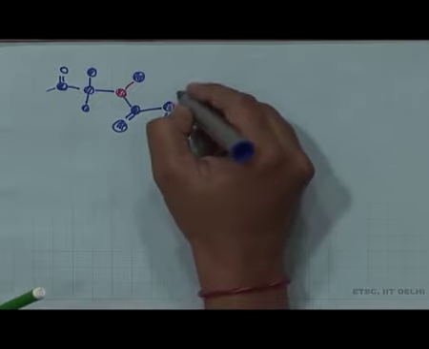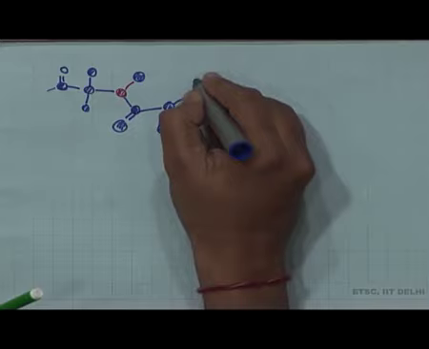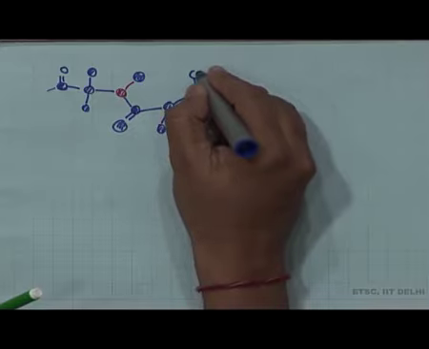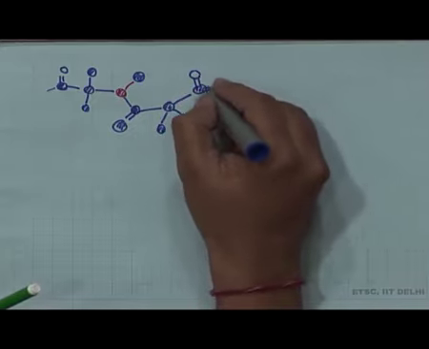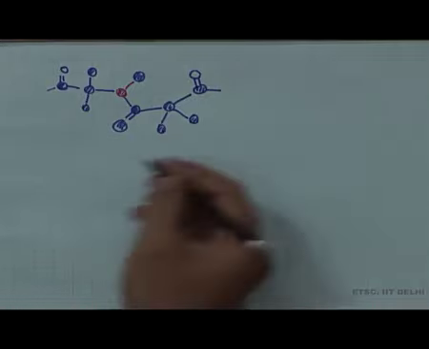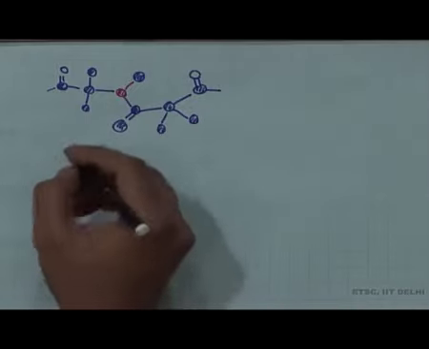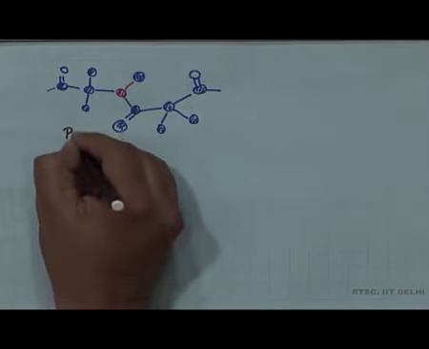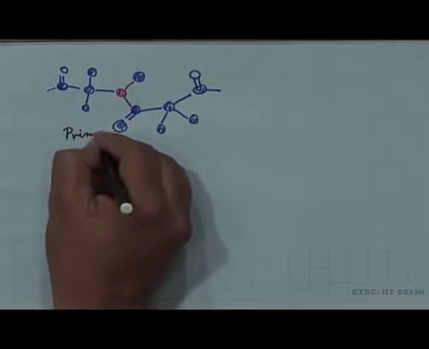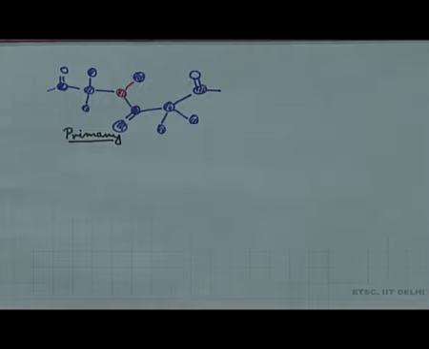This is the peptide chain I am drawing here. This represents the primary structure: what the peptide chain is, the type of amino acids and the number of amino acids.